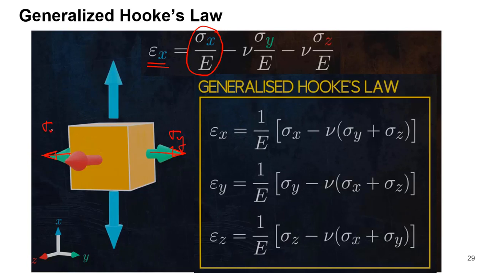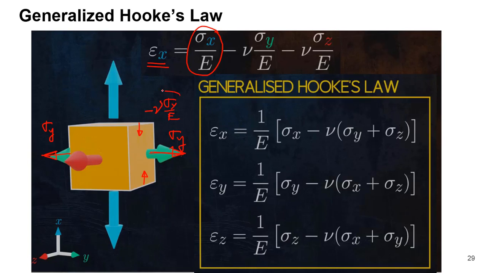Because of that sigma y, definitely there will be longitudinal strain in the y direction, and that is sigma y by E. But because of that strain, with respect to the y axis, in the lateral direction there will be compression, and that compression will be the Poisson's ratio multiplied by sigma y by E.